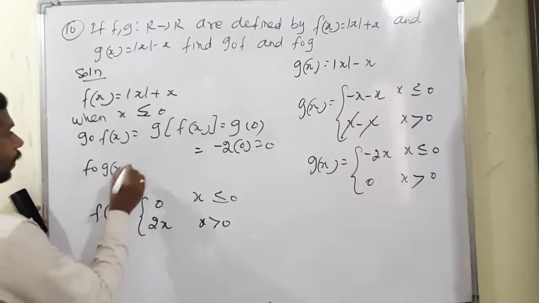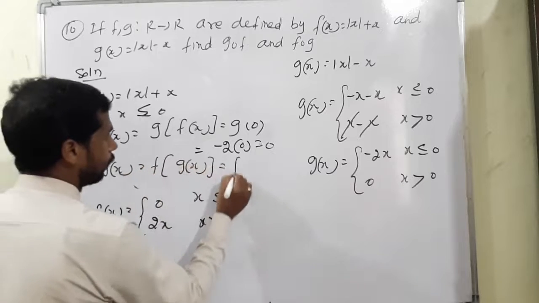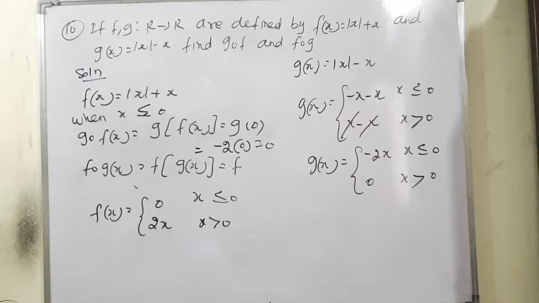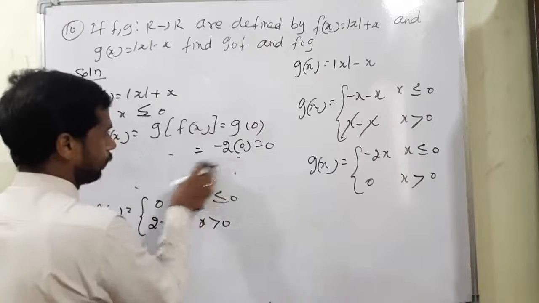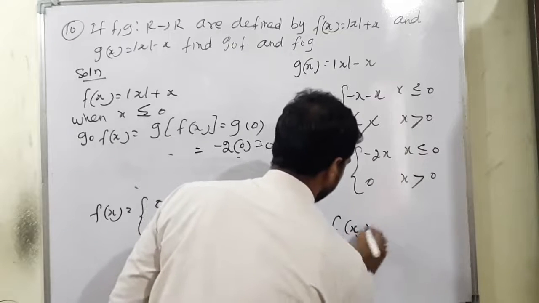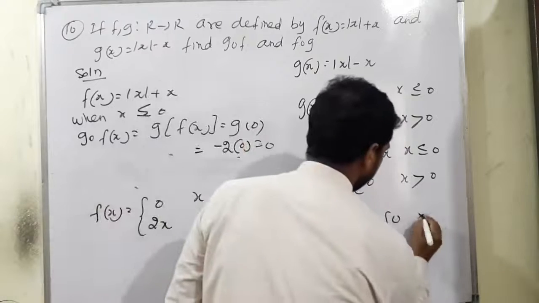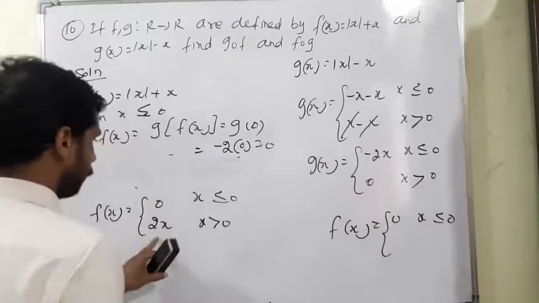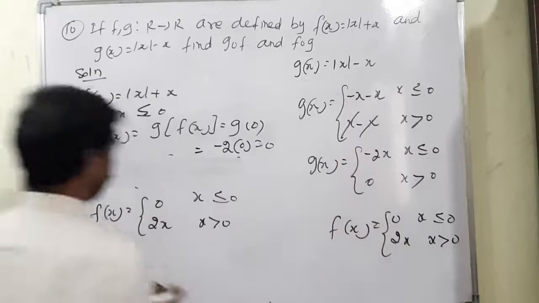F dot g of x, again f of g of x. I will write it here. Confused, no? Wait dear, I will write this answer here. F of x is equal to 0 for x less than or equal to 0, and 2x for x greater than 0.